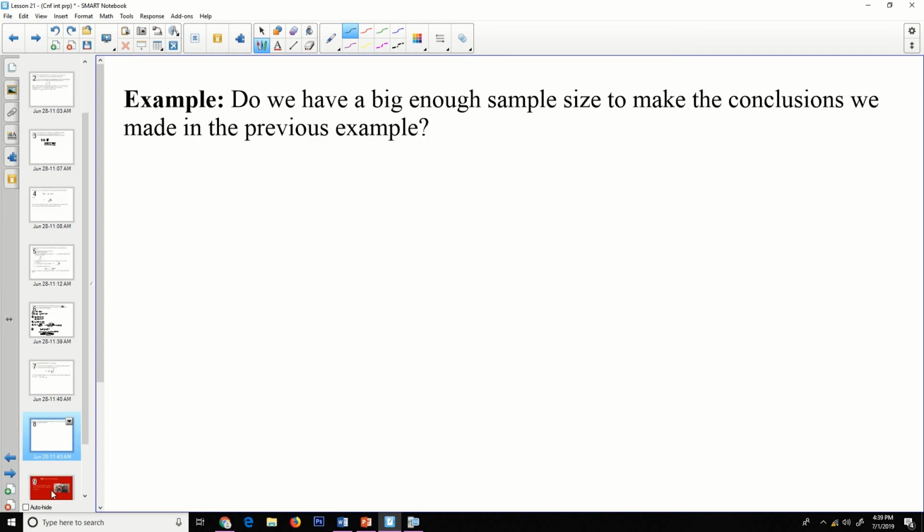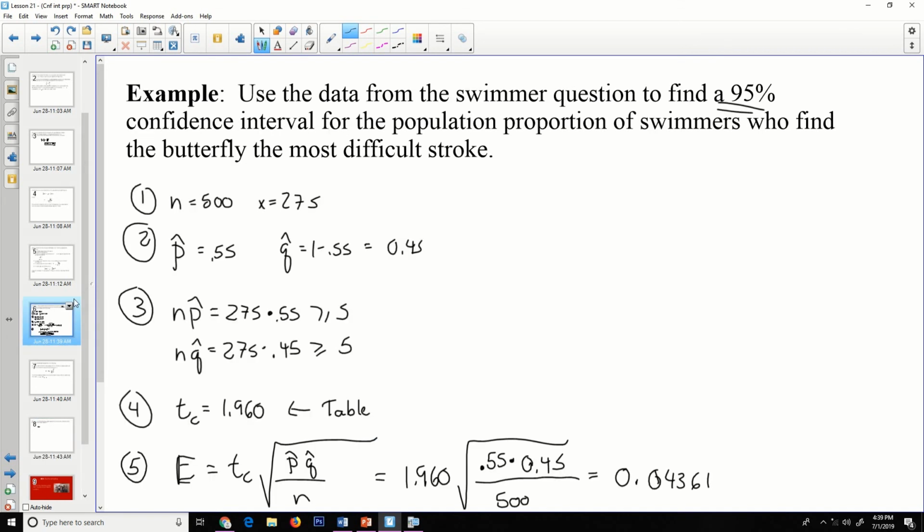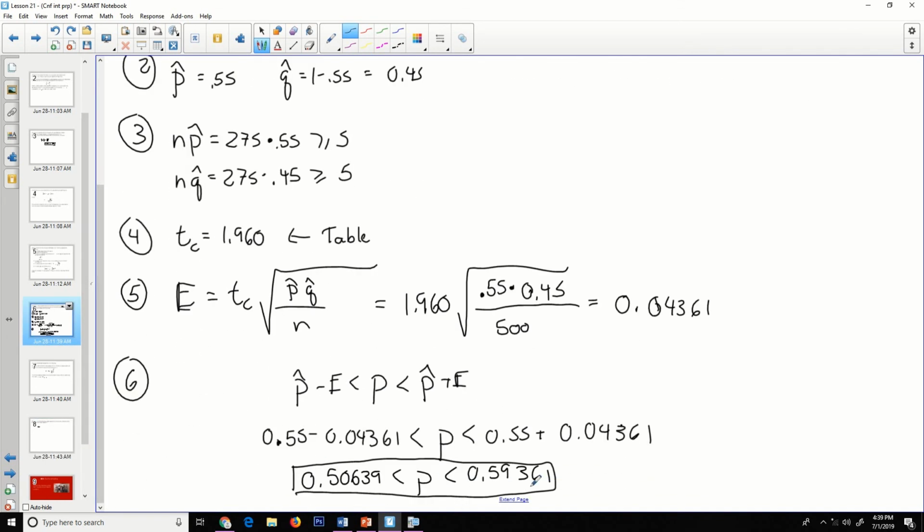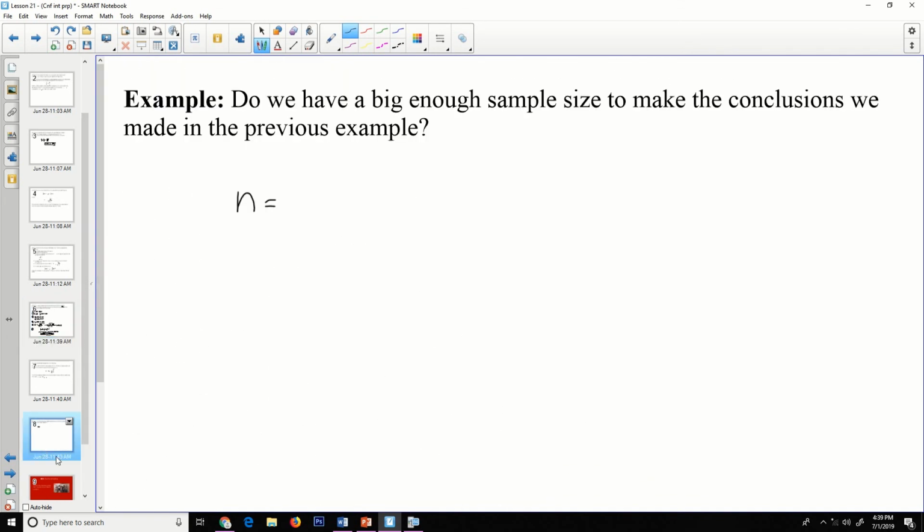So if we want to do our next question, we could say, do we have a big enough sample size to make the conclusions that we made in the previous example? So is our sample size actually big enough to make this confidence interval that we came up with?